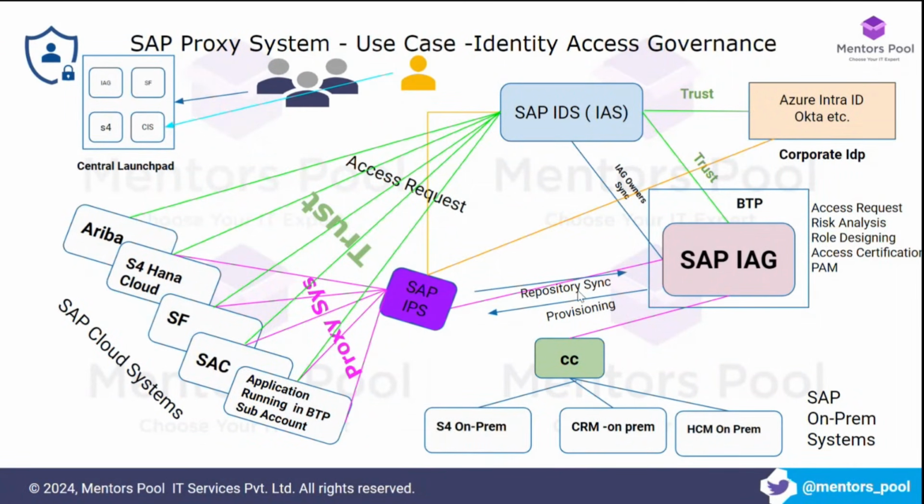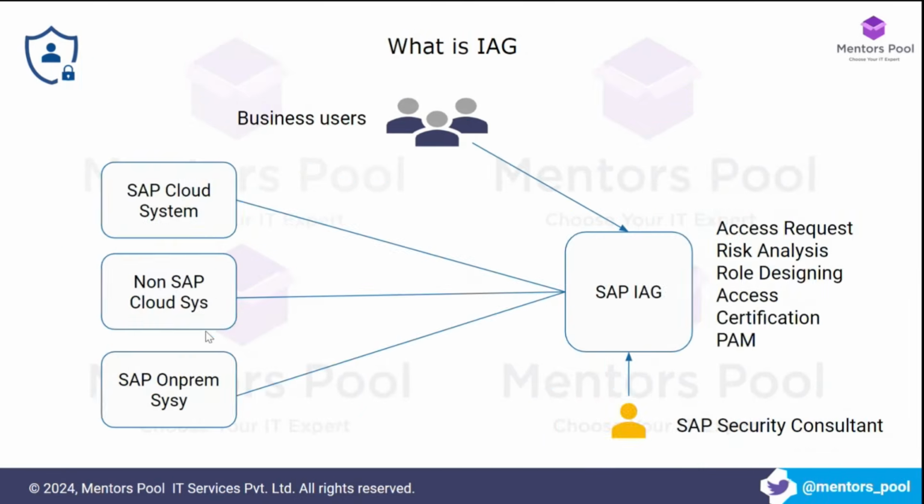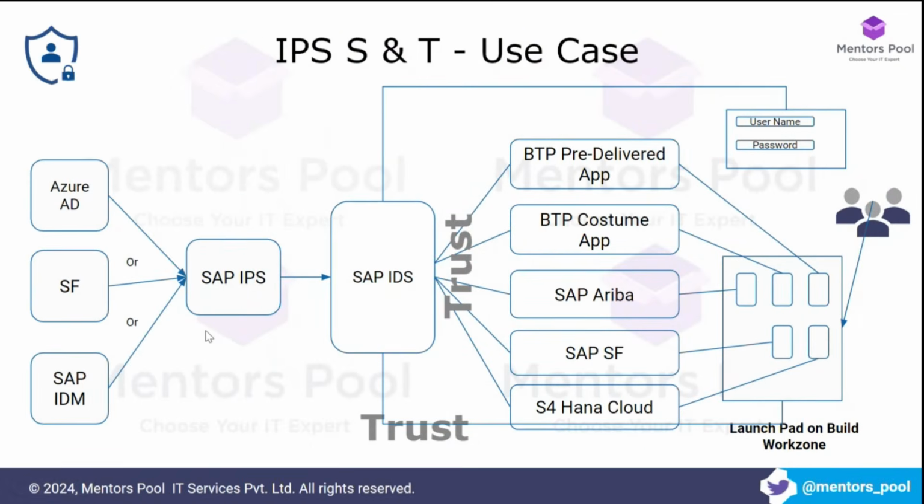IAG will use IPS to provision, to create that user in the target system, and the authorization has also been assigned. So now the complete thing will work here. So what happened? The user came in SuccessFactors, replicated in IAS using IPS. As soon as he got replicated, he got access to the Launchpad.